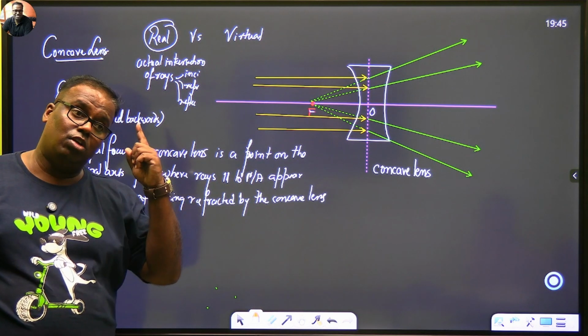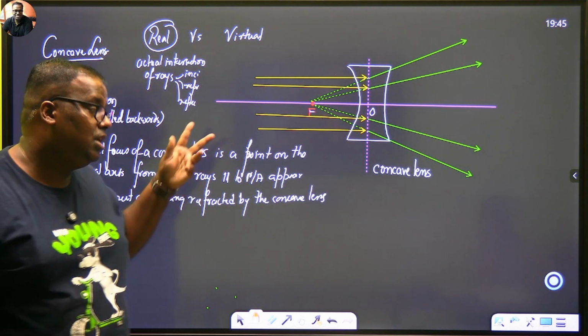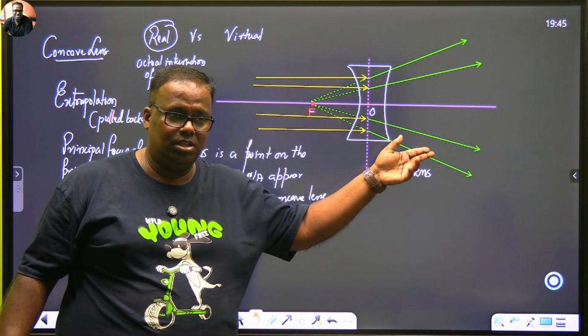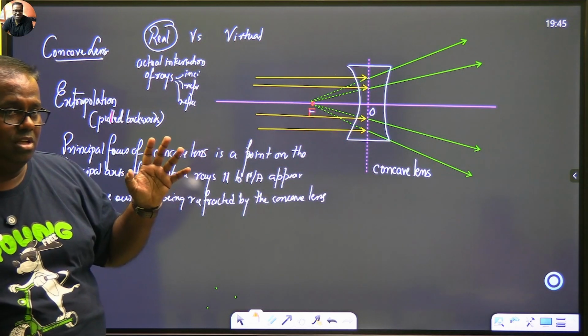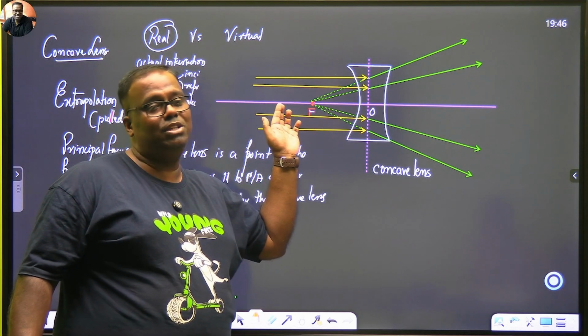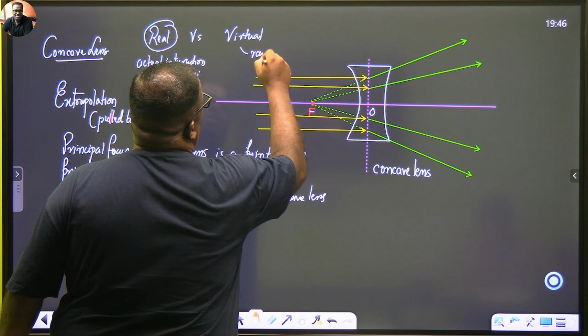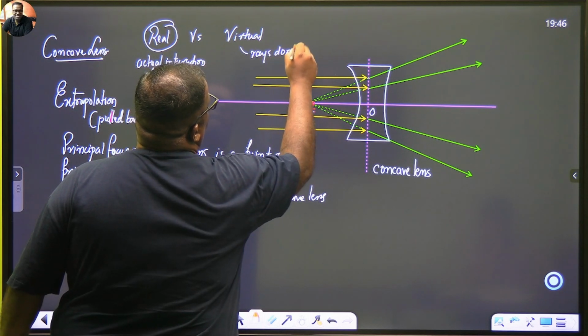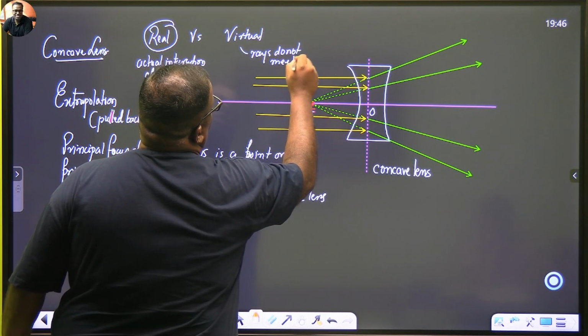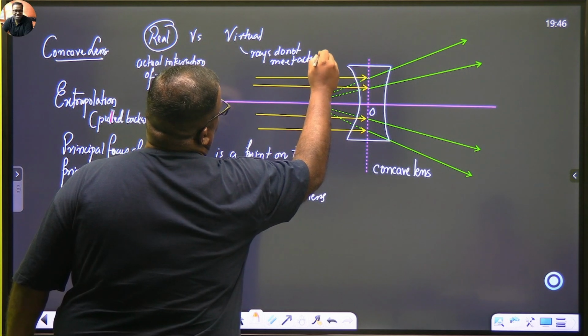Now think of the convex lens case. In convex lens, the rays actually met. In this, the rays did not meet. You did some jugglery to make them meet out here. So here we will say rays do not meet actually. Have you understood, bacha?